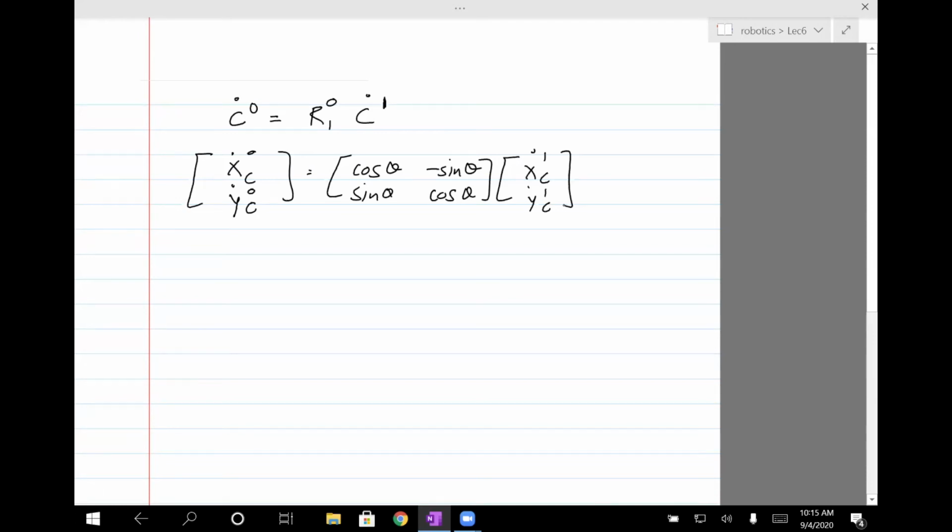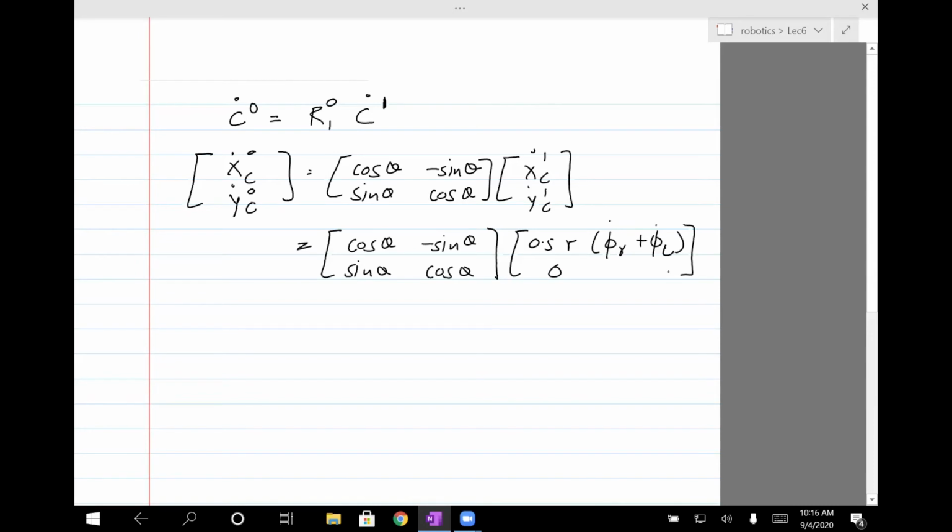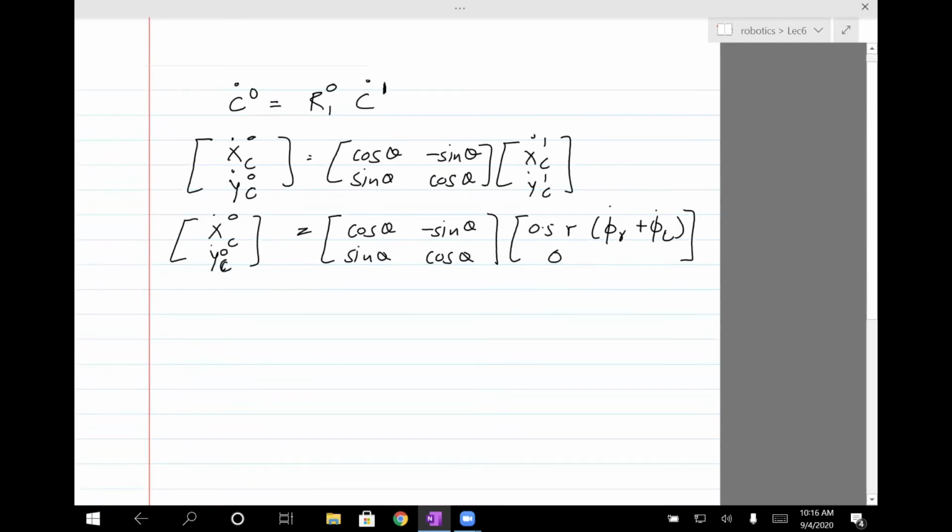Subbing in the values, we have 0.5 radius times phi dot r plus phi dot l, and then 0. We can expand that out to get two formulas, one for x dot c0 and one for y dot c0.